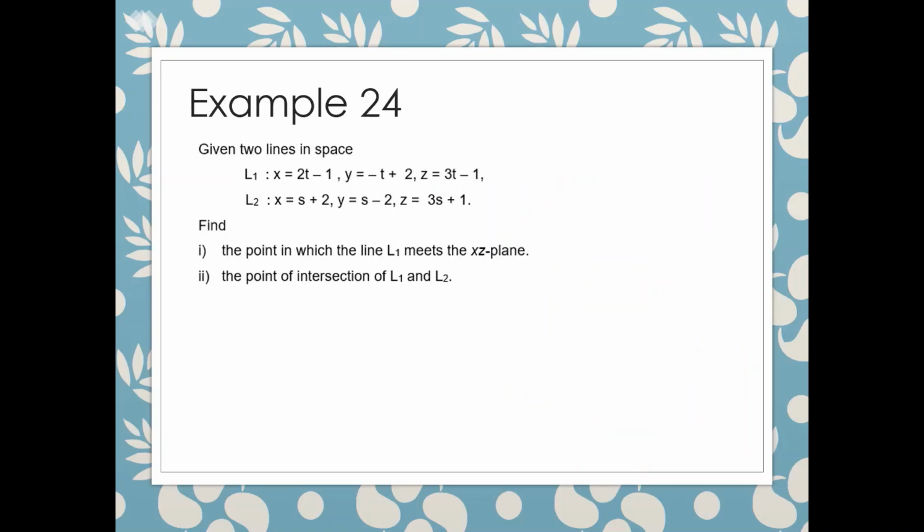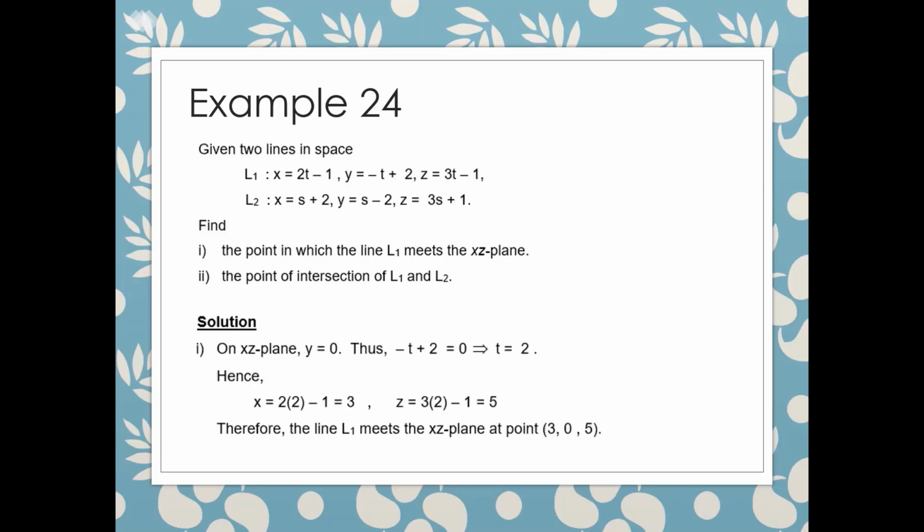Refer to example 24. You need to find the point in which the line L1 meets the xz plane and the point of intersection of L1 and L2. When L1 meets the xz plane, that means y should be equal to 0. Substitute this into the second equation of L1, you will obtain negative t plus 2 equal to 0.